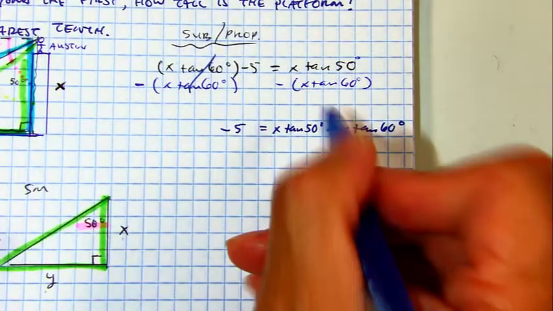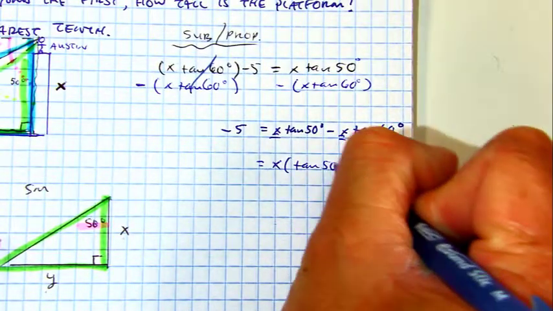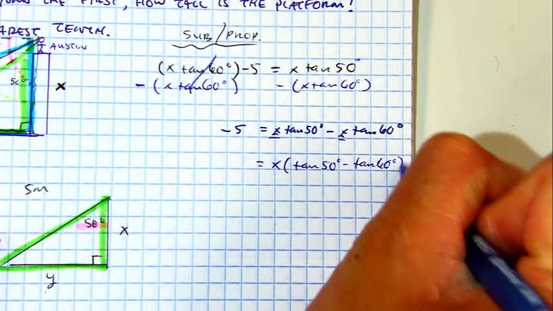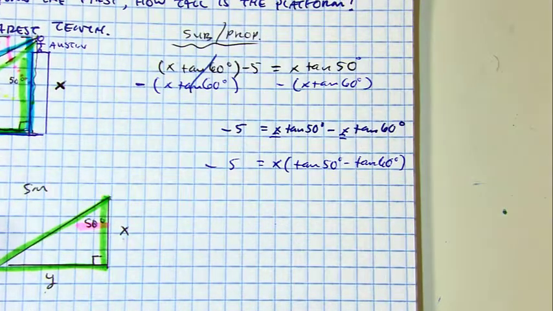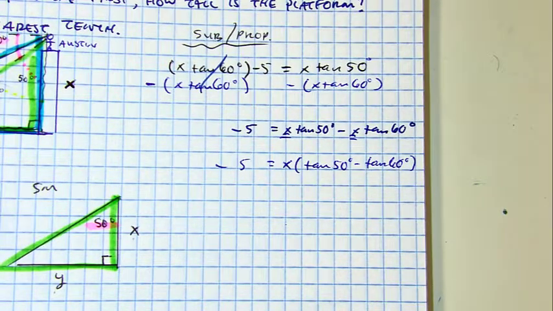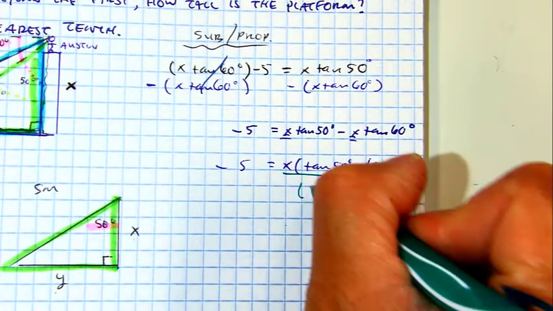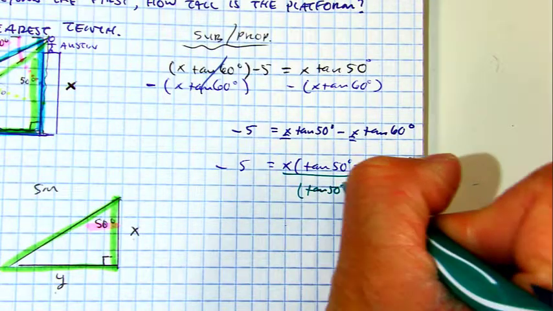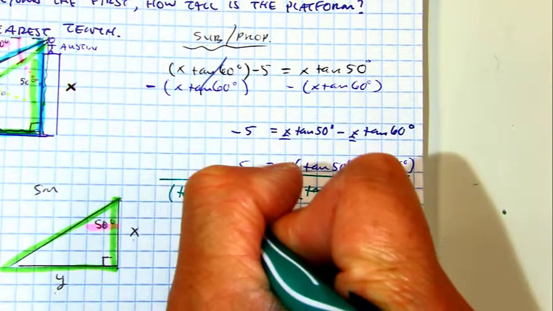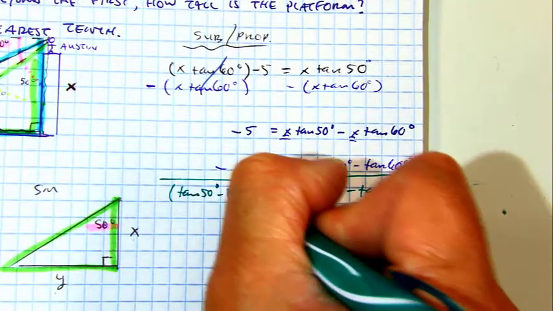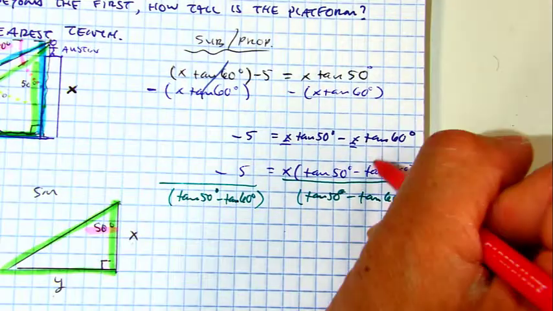Pull out my x. So x times tangent of 50 minus tangent of 60 equals negative 5. And then if I divide both sides by tangent of 50 minus tangent of 60, I'm left with the calculator-ready equation.